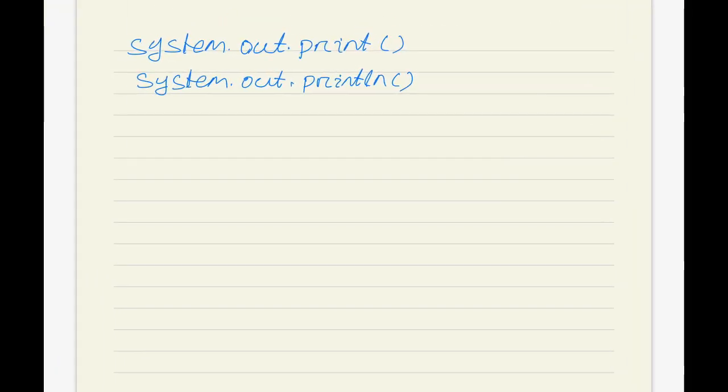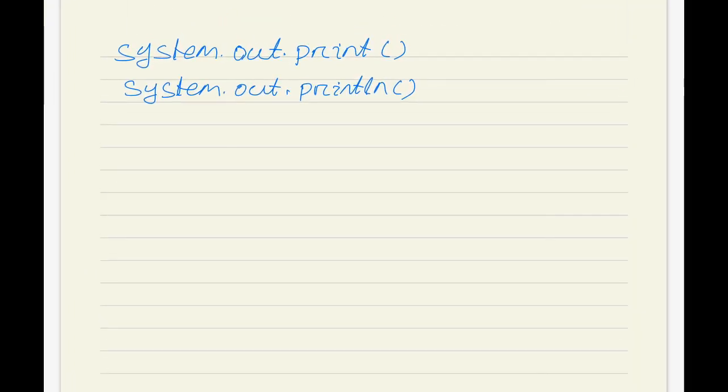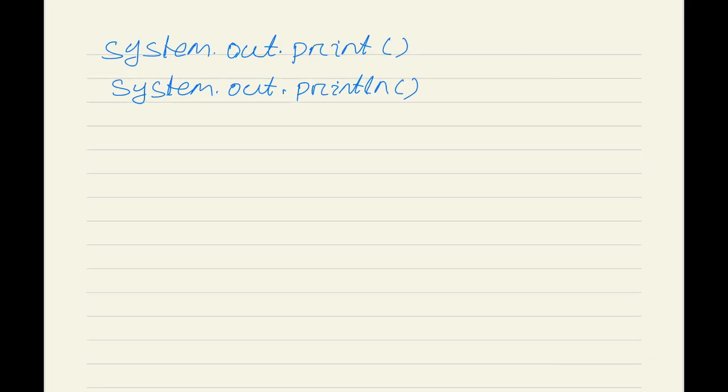Okay, so here you can see, to display data we use system.out.print or println. So this system.out.print subroutine or println subroutine displays the output. So this subroutine is a part of a predefined object called system.out.